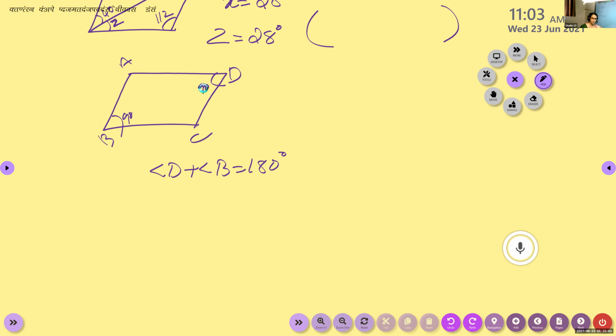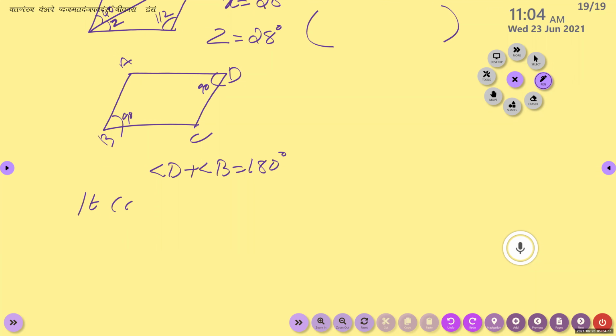Sometimes it can be a parallelogram, but not always. We can't say no and we can't say yes also. The only possible condition is that B and D are 90. At that time it can be a parallelogram. Otherwise, no. So your answer is, it can be a parallelogram, but not always.